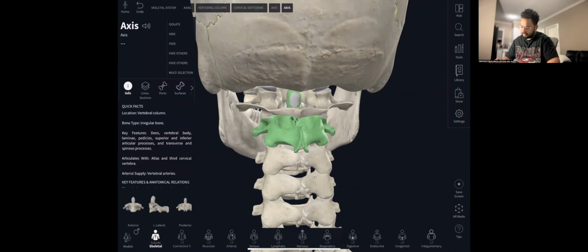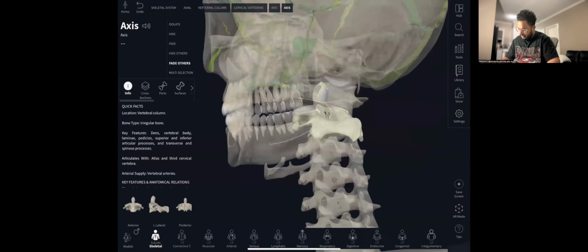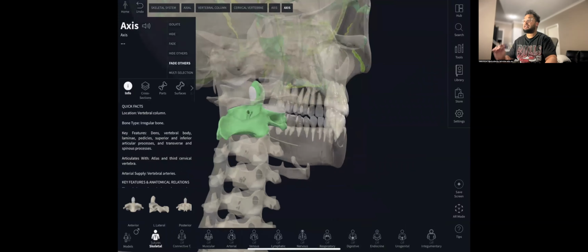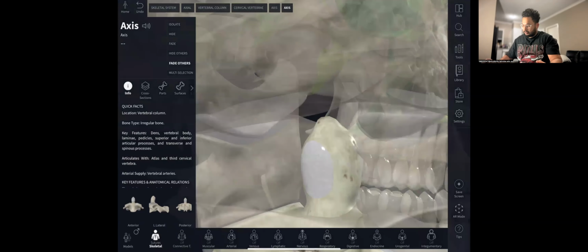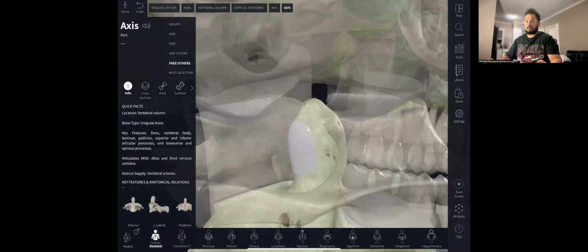Its name is axis. As you can see, it is actually attached to the atlas. For example, this is your atlas bone, just an example, this is not actually bone, and it is your axis. This thing which you're seeing here in the green color is called the odontoid process.